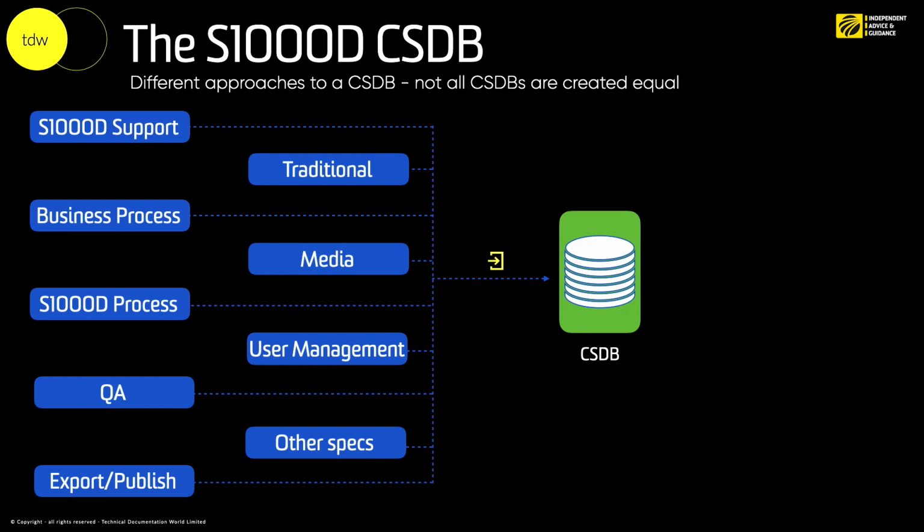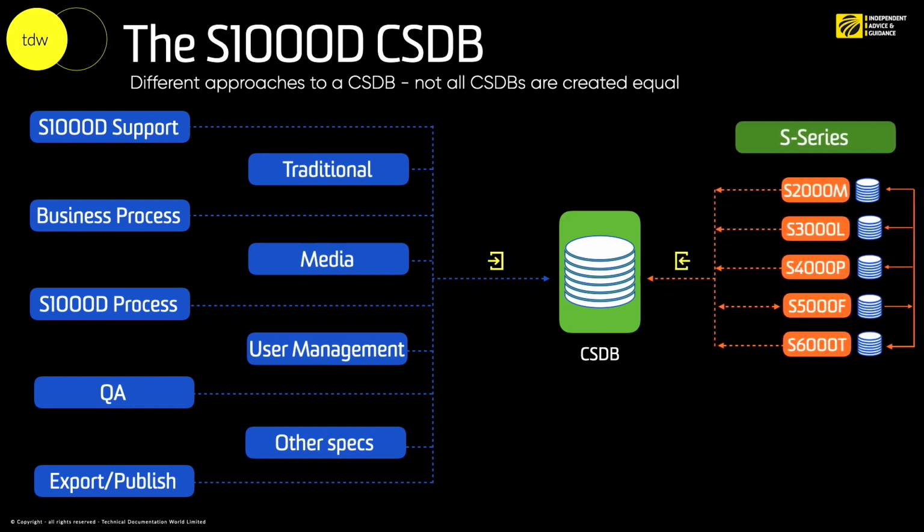And, you know, I could have put more stuff on here. We do have some CSDBs that will do some or all of this, and some will do a couple of this and other, slightly different things. But we're going to have to be cognizant of the S-series specifications as well, and how we're going to map those data elements into the S series.